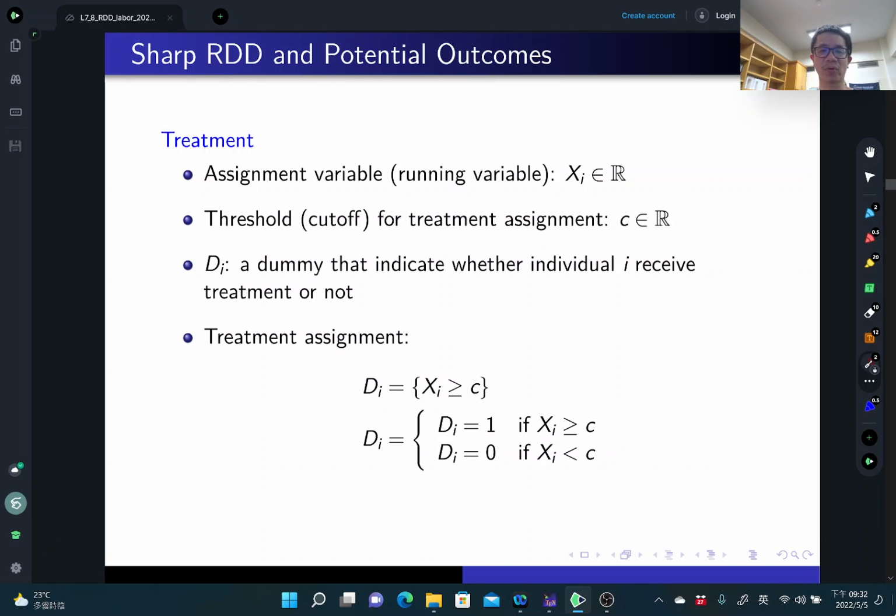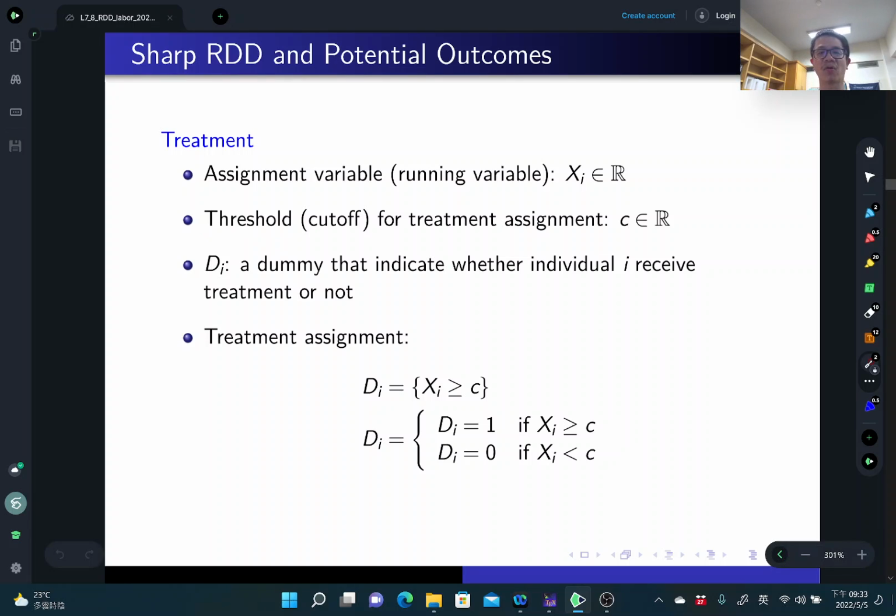So again, we have several concepts we need to define. First is the treatment. Here, the treatment is determined by the assignment variable. In RDD design, it's determined by the assignment variable called X. So whether the assignment variable is above the cutoff C or not will determine whether the individual gets the treatment or not.